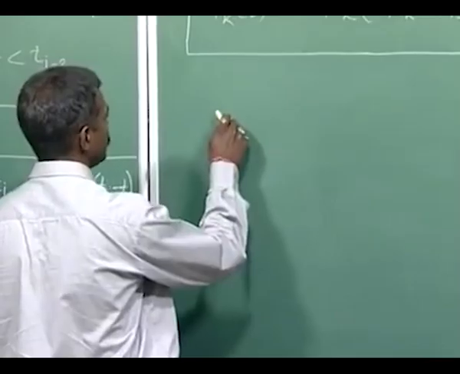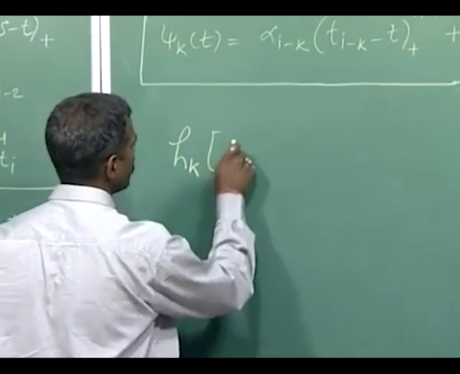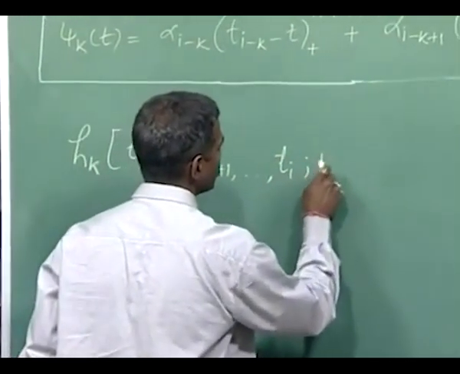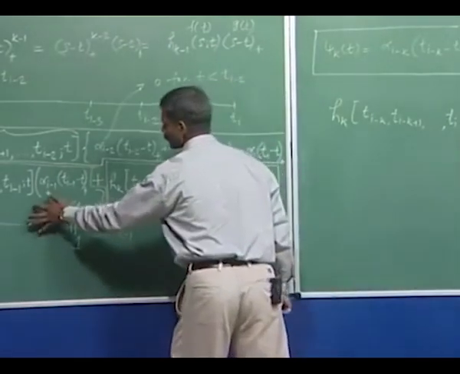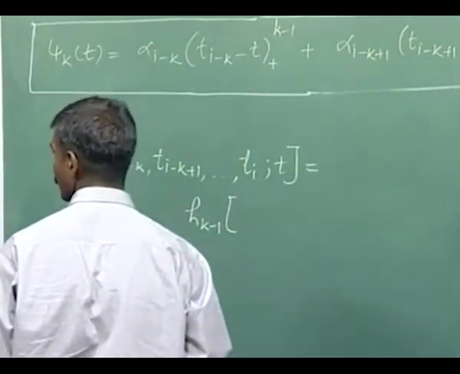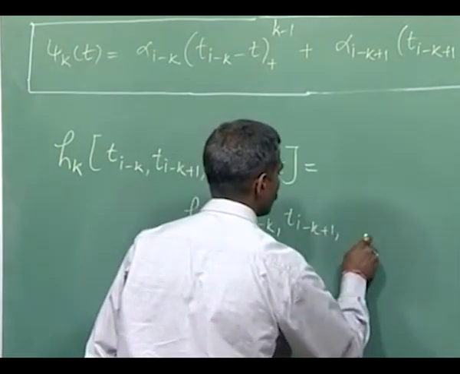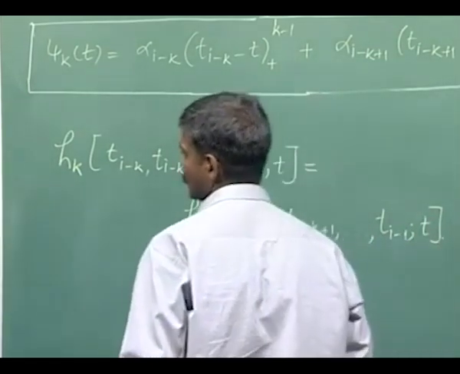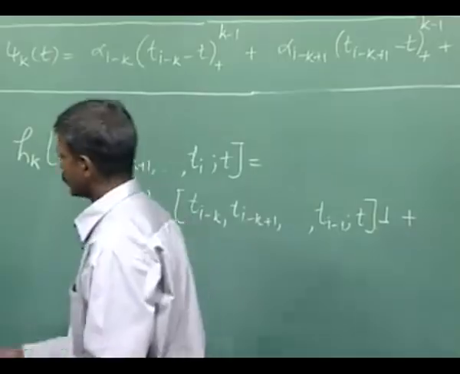So in summary, the kth divided difference of this function here, which is h_k [t_{i-k}, t_{i-k+1}, ..., t_i; t], will be equal to this term here, which is h_{k-1} [t_{i-k}, t_{i-k+1}, ..., t_{i-1}; t], times, you would know that this is 1, plus this term here.